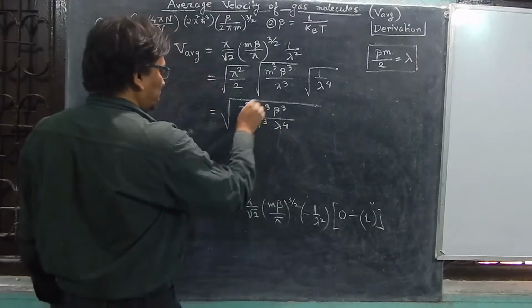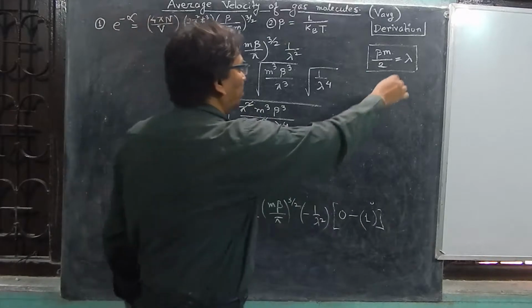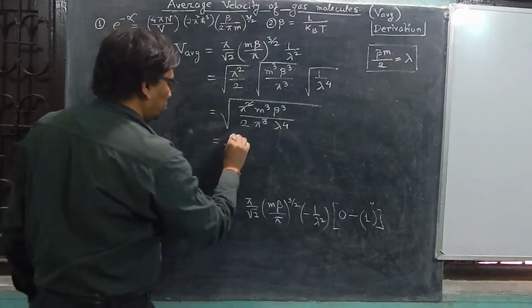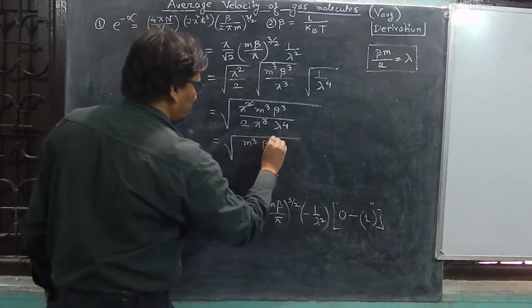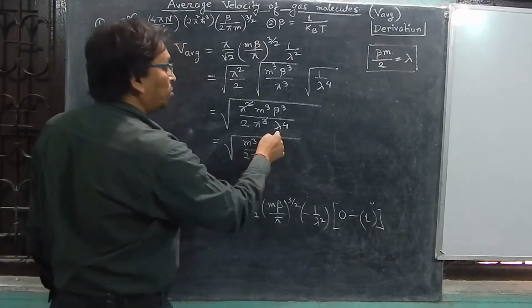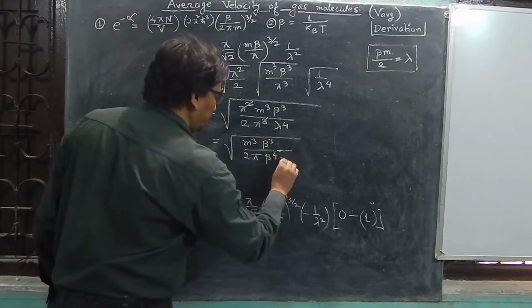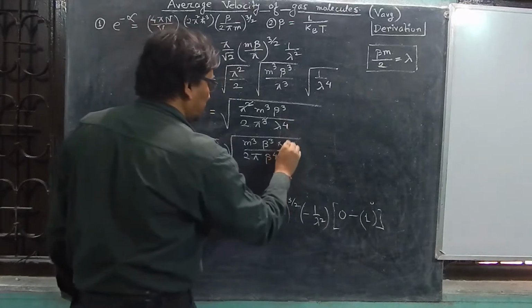Here you can see that pi square is cancelling, and lambda to the power 4, so lambda is equal to beta m by 2. Put the value of lambda, so that we will get m cube beta cube by 2 pi. Lambda to the power 4 will be beta to the power 4, m to the power 4, and 2 to the power 4, which is 16.